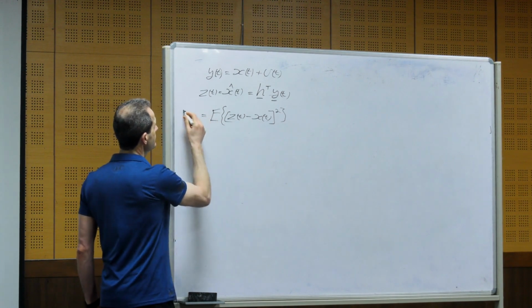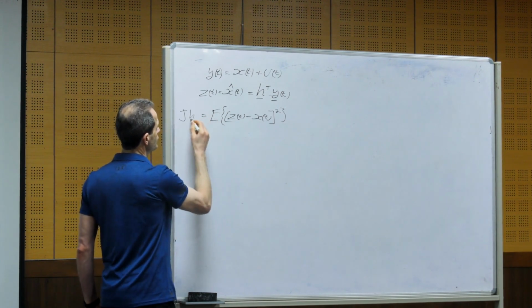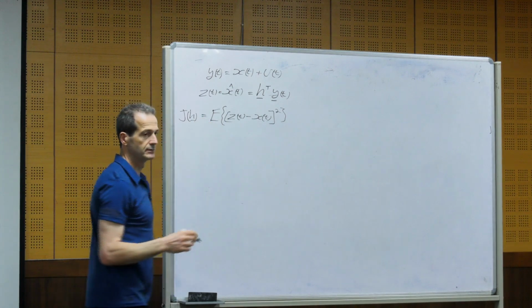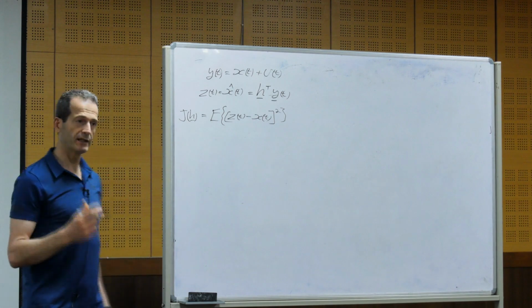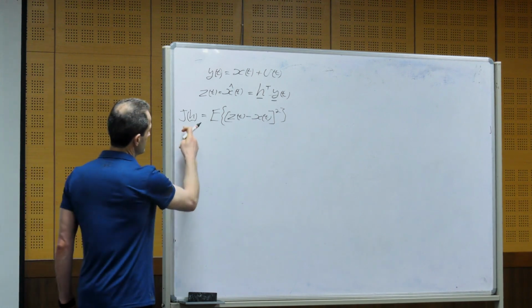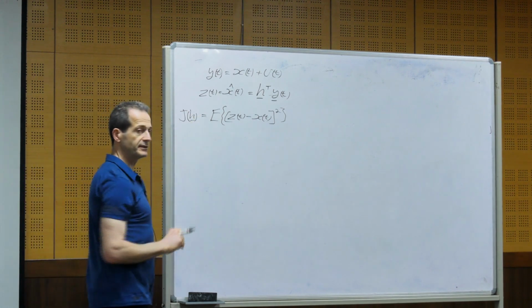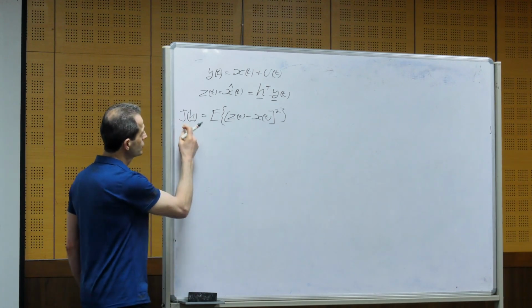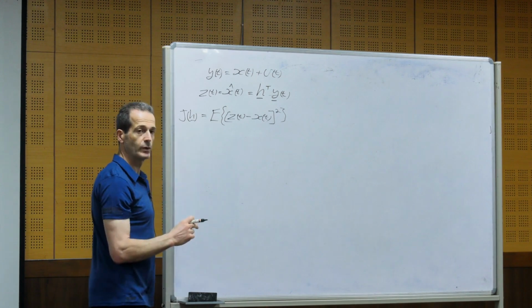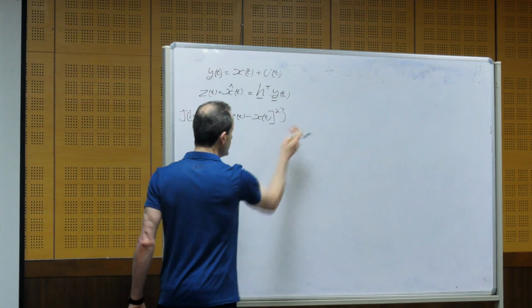We call that J(h), the mean squared error. In order to find an optimal Wiener filter, we need to express this mean squared error as a function of h.